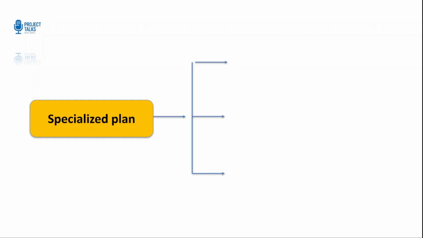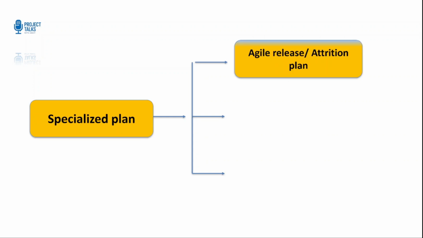Let's break it down. Now, first up, the agile release or attrition plan. If you're working in an agile setup, this plan defines how your release will be structured, how frequently you will deliver, what each sprint or release will include, and how you will make sure that the value keeps flowing to the customer.